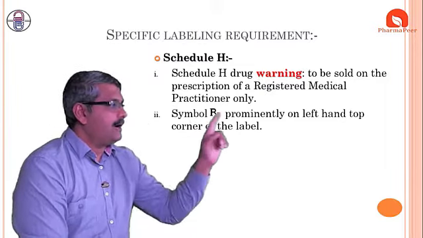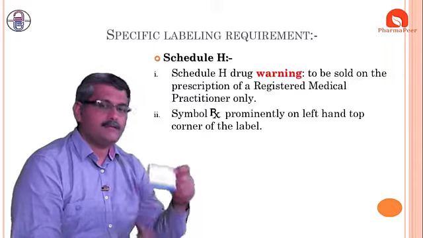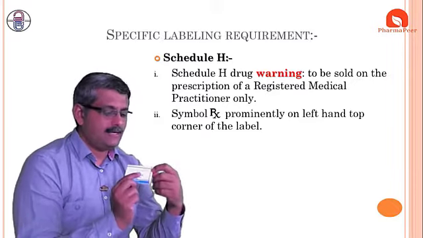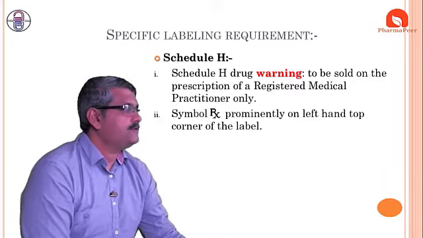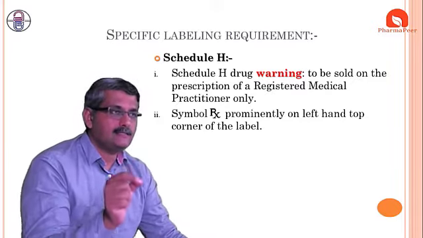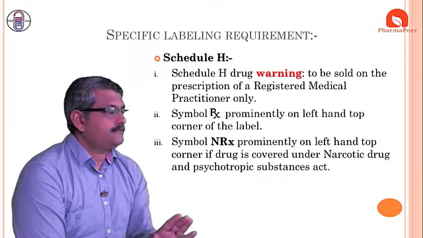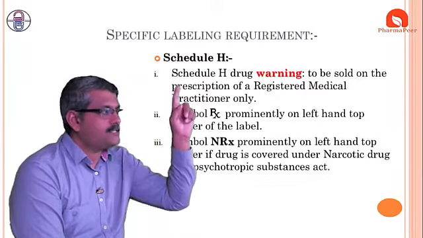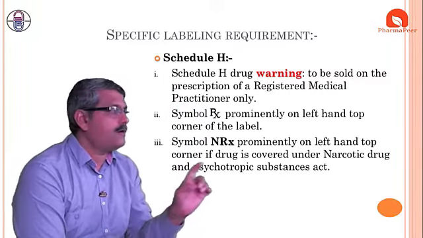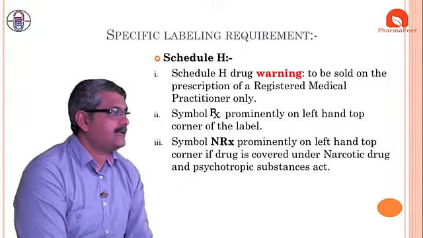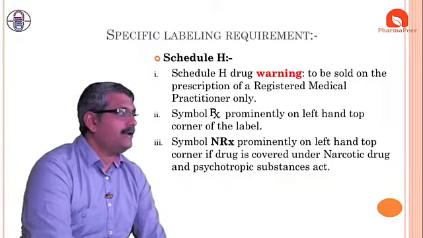The RX symbol is prominently on the left top corner, near this red line. The word RX gives the idea that this drug is a Schedule H drug. And second, if the drug is a narcotic drug, then the word NRX should be prominently mentioned on the left corner.